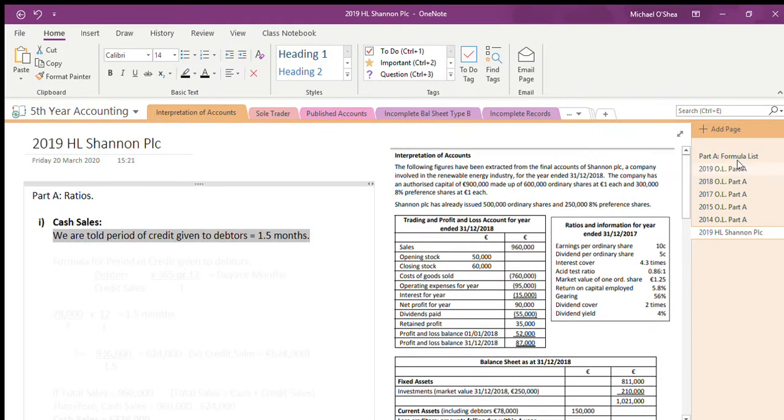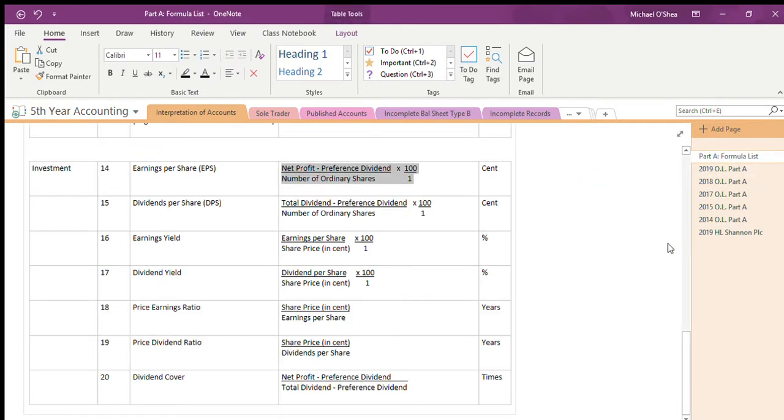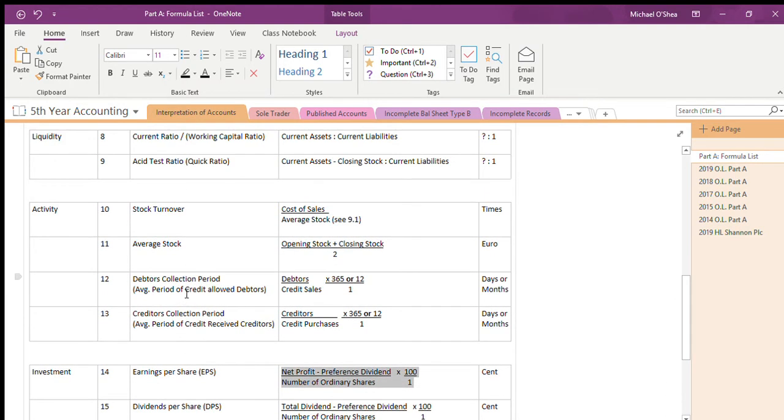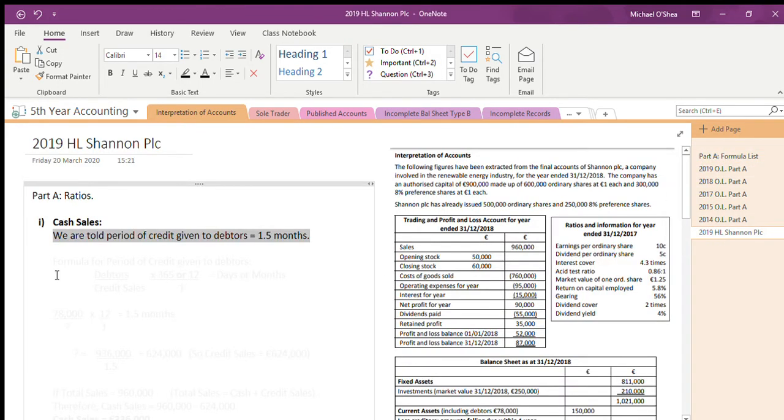If you go back now to your formula list and you look through for the period of credit given to debtors, there's a formula here. It's debtors divided by credit sales multiplied by 365 or 12. Again, that's in your formula list. I've done out this formula here.